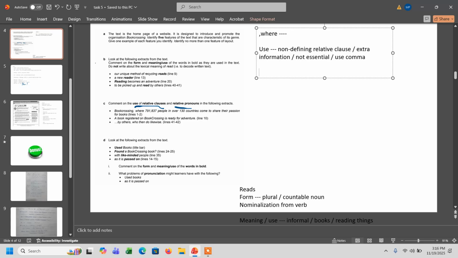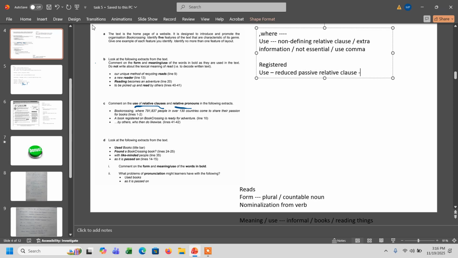A book registered on Book Crossing is ready for adventure. So it means registered. It is the reduced form, right? A reduced passive relative clause.